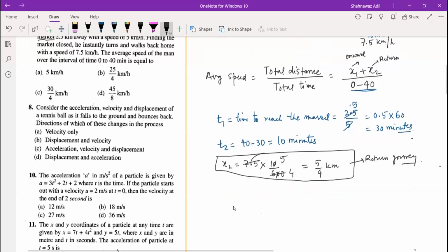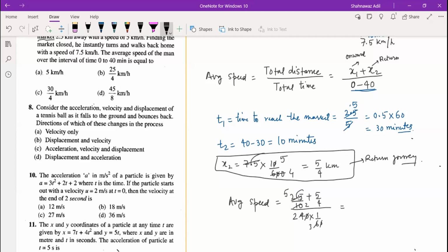So what would be the average speed? Average speed is x1, which is 2.5, plus x2, which is 5 by 4, divided by 40 minutes, which is 40 into 1 by 60. So this cancels, 5 twos are 10, and 5 fives are 25, and this is 0, this is 3, and this is 2.